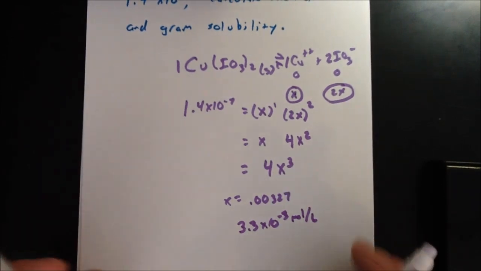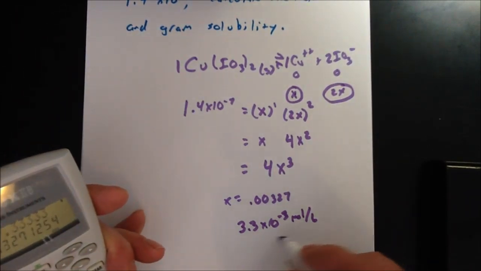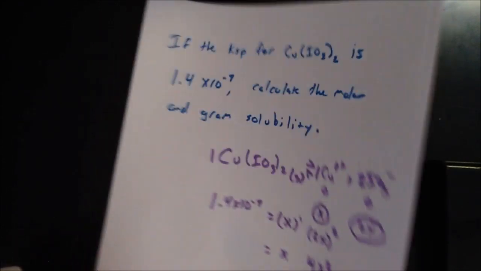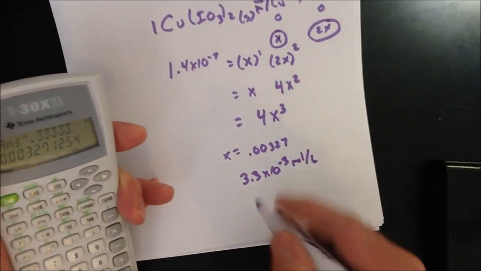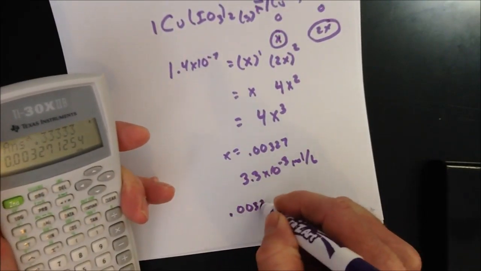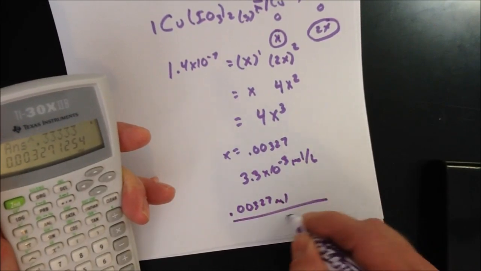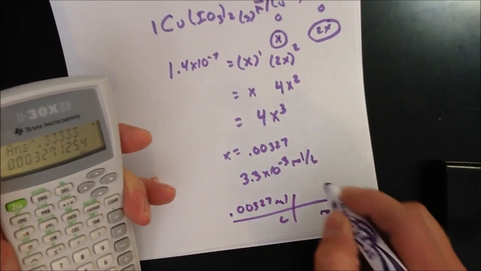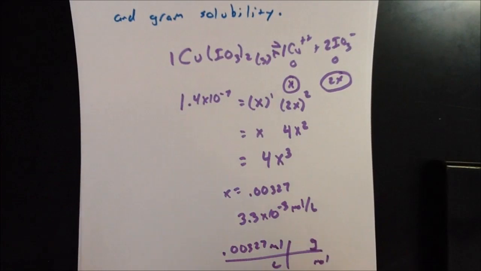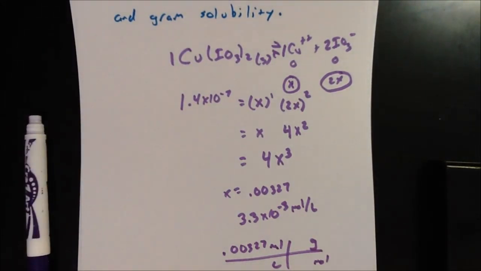And then if I want to convert that from a molar solubility, 0.00327 moles per liter, if I want to go moles to grams, all I've got to do is get a couple of molar masses.